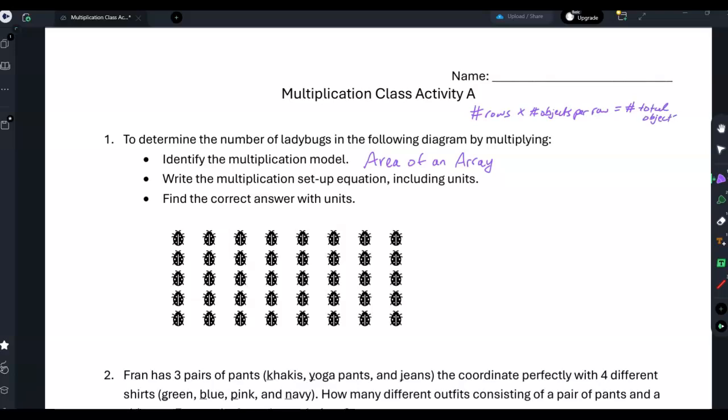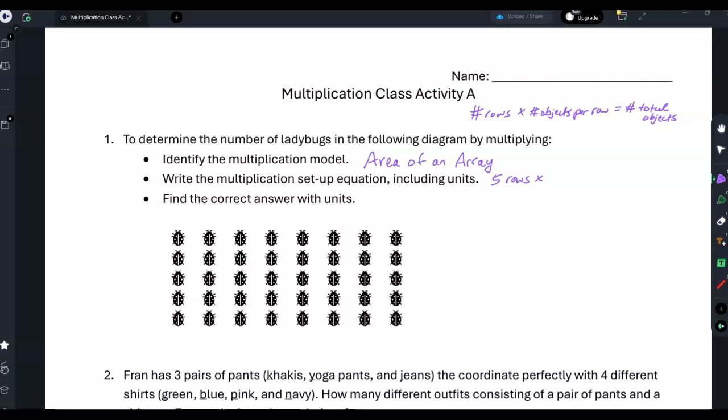But we're going to do it specific to this problem. So in this case, it is going to be rows. How many rows do I have? Well, I've got 1, 2, 3, 4, 5 rows. And then in this case, my objects are ladybugs.